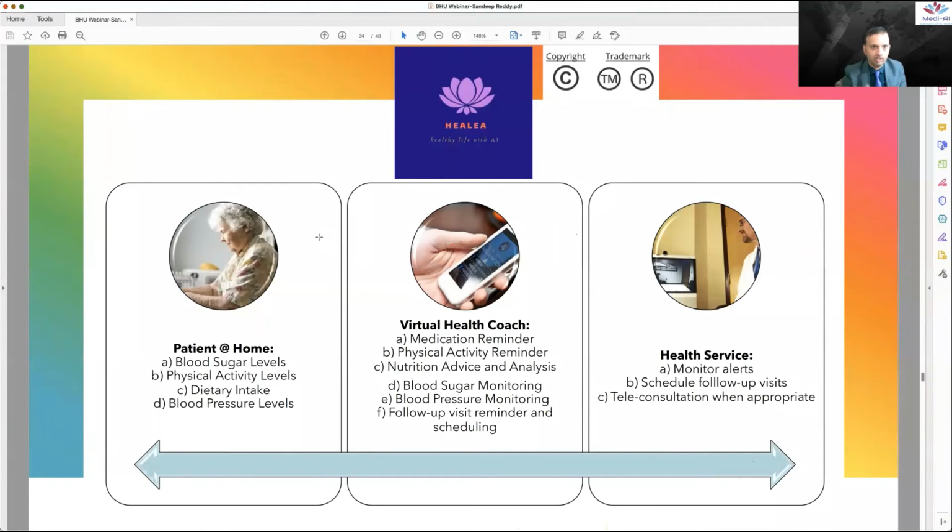But this is in the context of diabetes, but this can be used in other areas, in other chronic conditions too. But we use natural language processing application to help us with the patient adopting healthy lifestyle, but also connecting the patient back to the doctor. So that helps in terms of providing continuous care for chronic conditions and diabetic patients.